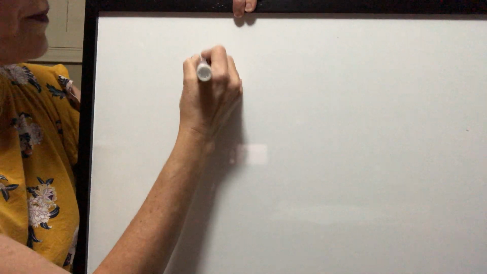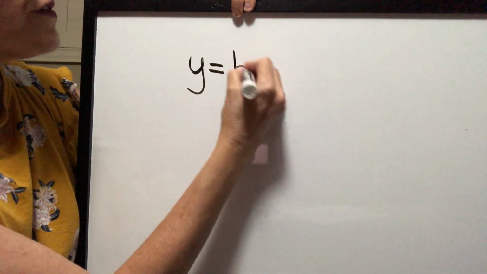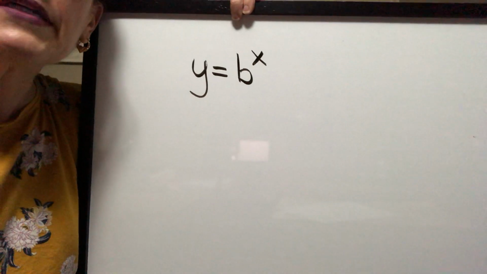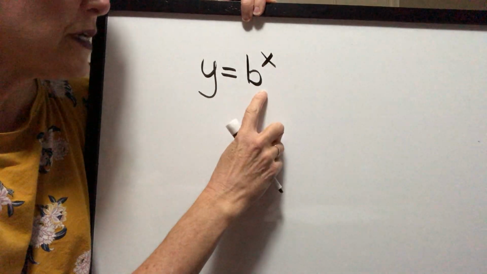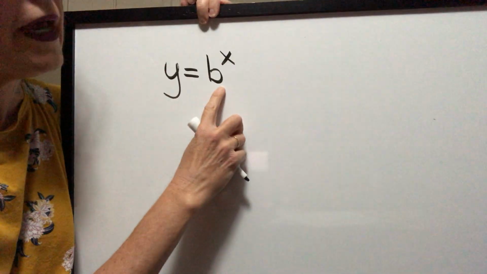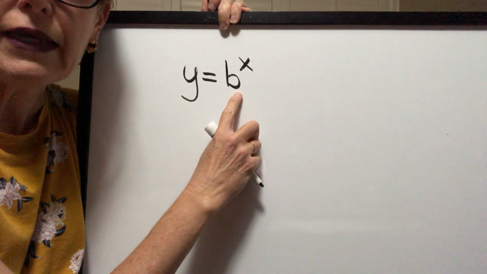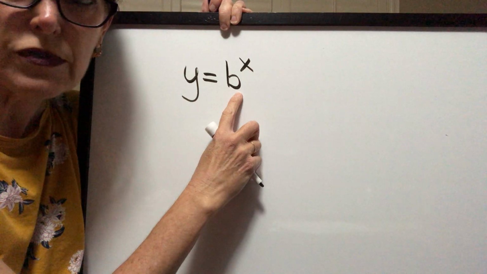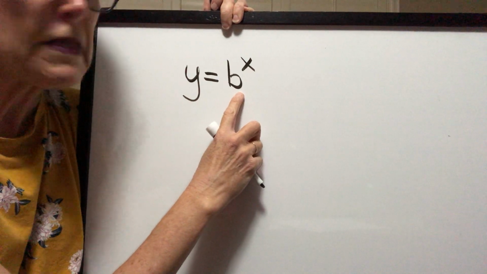In our last lesson, we discussed exponential functions, and I want to explain that again real quick. Exponential functions have this form: y equals b to the x, and b represents the base of the function. The b has to be a positive number and cannot be 0 either, so it can't be 0, can't be a negative.